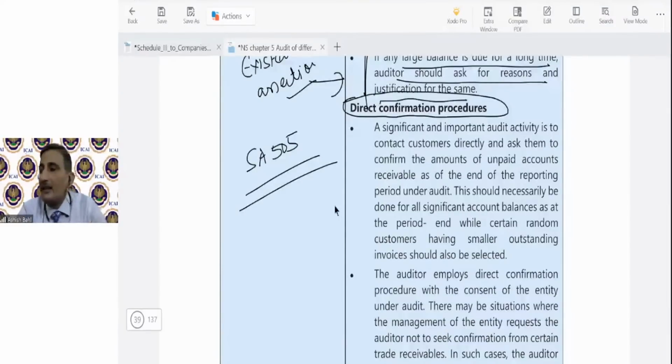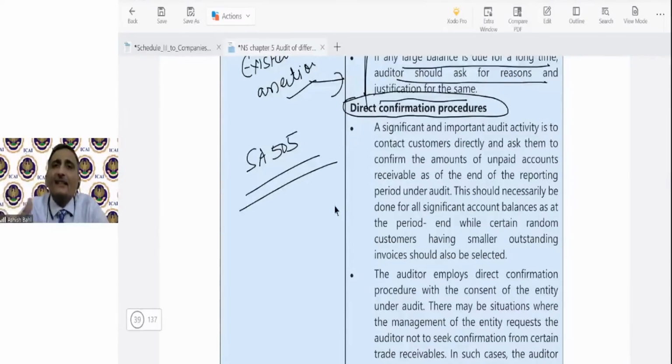Okay, yes, Hardik is saying it is clear to him. So when we send students direct confirmations, we get evidence about existence of a trade receivable.